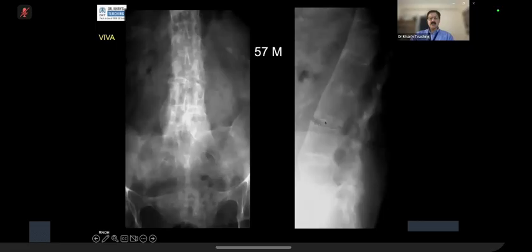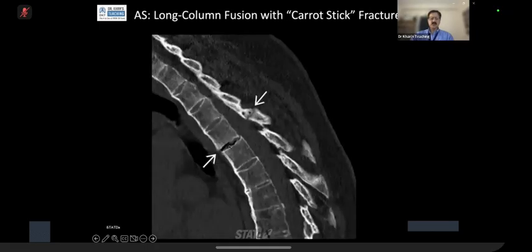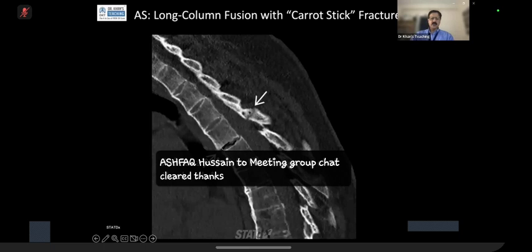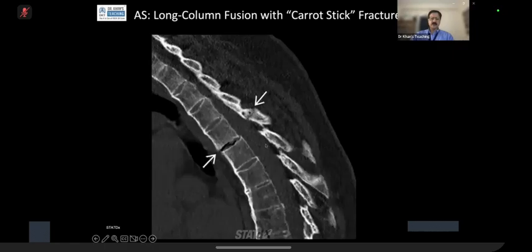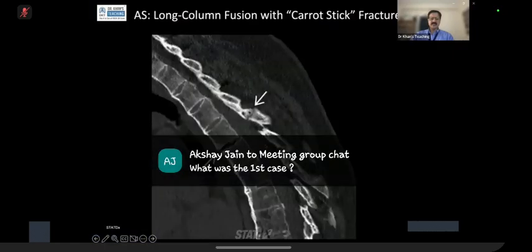This is not the same case, but this is a similar case, which I have shown you on a CT scan with the same findings. And this is another one from StatDx, where the fracture goes through it, and you have to pick up the posterior element. Key finding is that this is an unstable fracture.